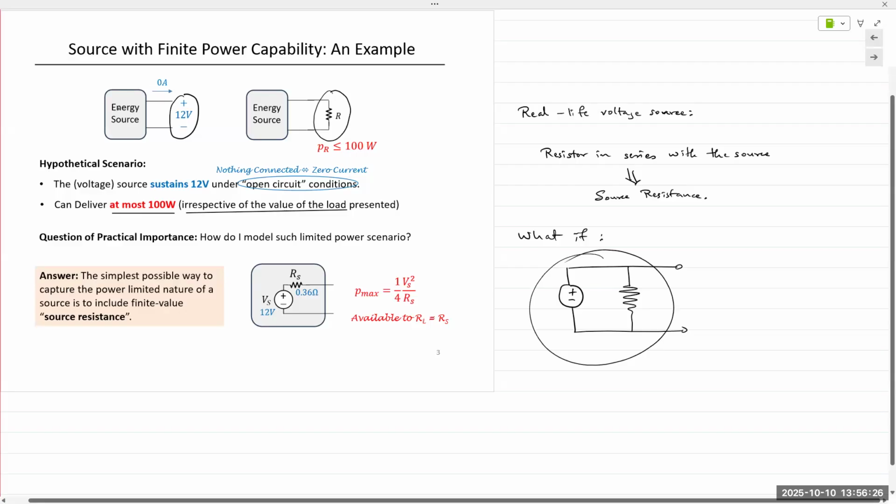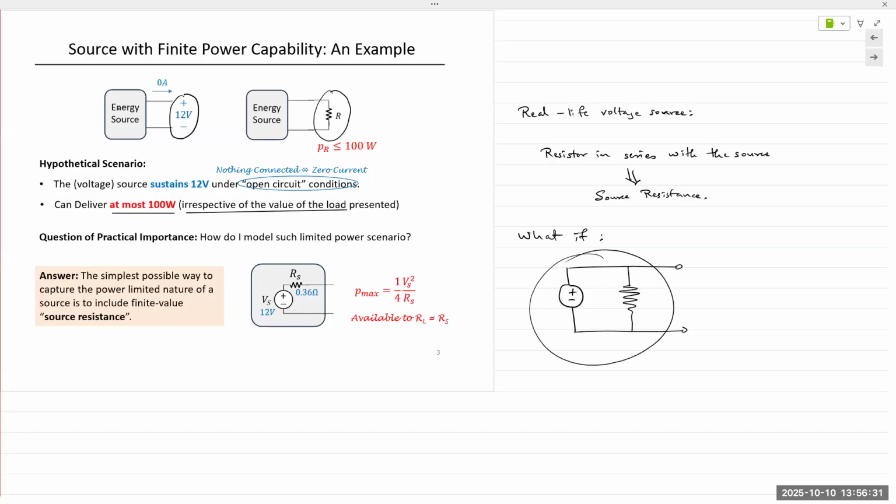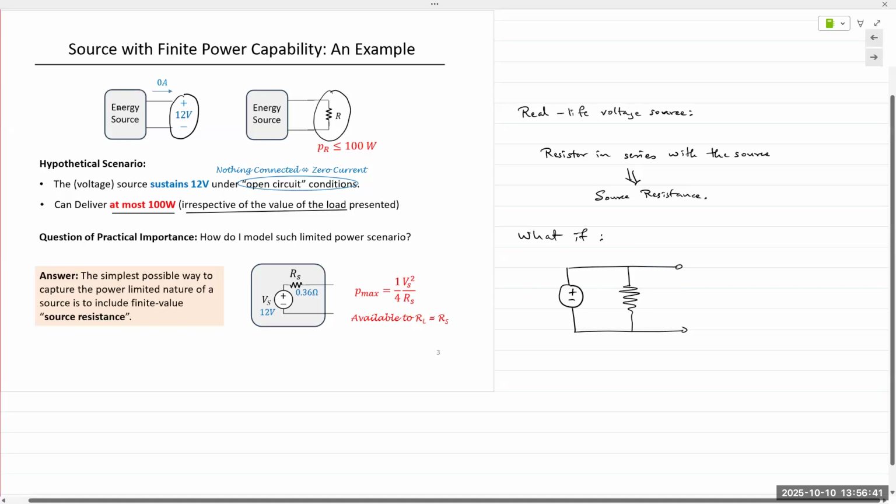We need to have a resistor that is actually consuming some little bit of power inside that source itself. And that is not possible with a parallel resistance. So it must be a series resistor. Okay, so parallel is not possible.